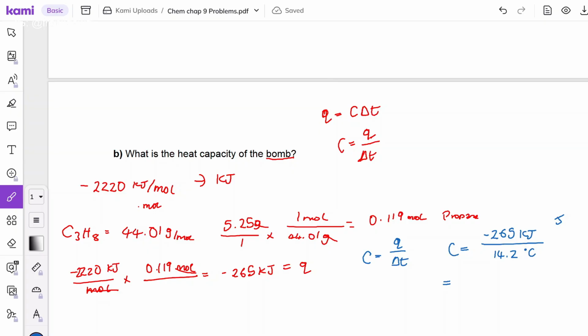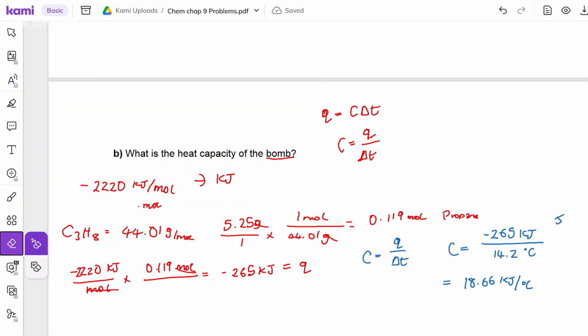And finally, the final answer is 18.66 kilojoules per degree Celsius. Another thing is that when you divide these two things, you get a negative answer, but the heat capacity can't be negative. So it's just the absolute value of whatever you got.